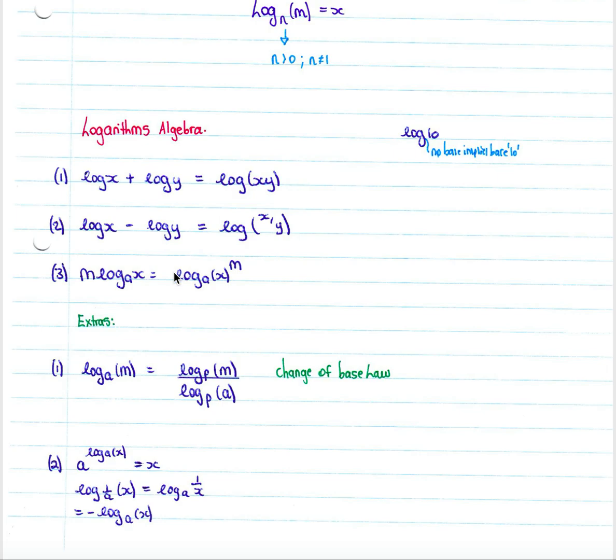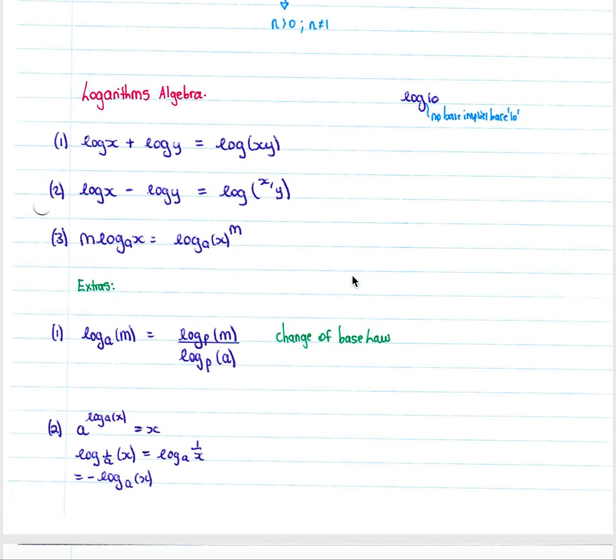This is often useful when solving equations and dealing with logarithms in algebra, because you're often able to bring your exponent down and then work with it from there. It's also good to note that if you're given a logarithm where a base is not stated, so it's not log base 2 of 8, you're simply given log 10 as shown here, it is implied that your base is 10.